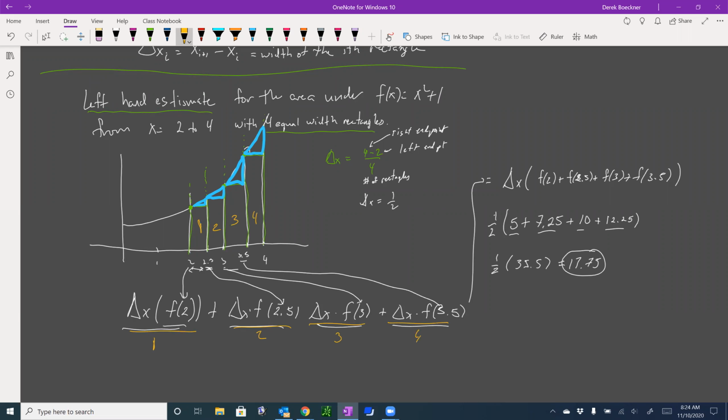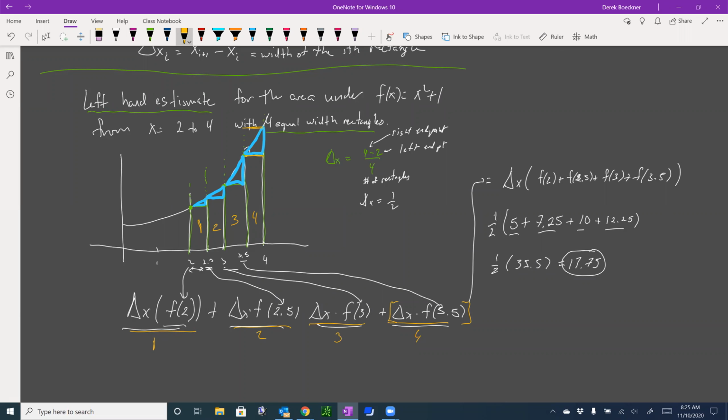Fourth rectangle is this one. The area of rectangle 4 is this guy. And so I'm not using the 4 as the height of that rectangle. If I was doing a right-hand endpoint, then I would use f of 4 to get the height of the rectangle. But I'm using the left hand, so we don't have that 4 there. Does that make sense? Yeah.